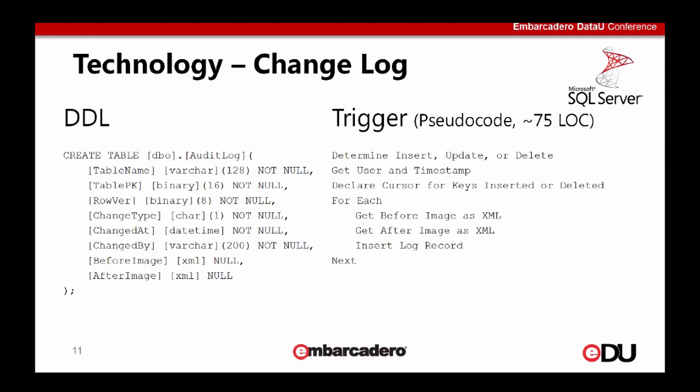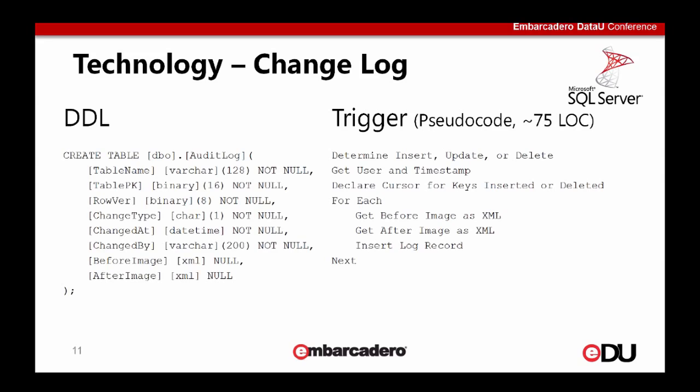And then it's going to pick off all of the keys that have been inserted or deleted. And for each of those, it's going to grab the before image, what was the record before, as XML, and then it's going to get the image after as XML, and it's going to take both of those things along with the previously gathered data and insert a log record.